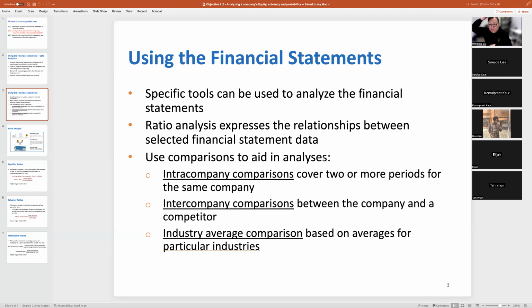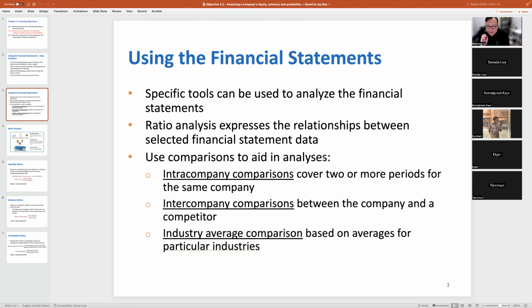A vertical analysis could be: how do expenses compare to sales dollars? What's the percentage of accounting fees to the sales revenue? Maybe you spend 2% or 3% of the sales revenue as a dollar amount for accounting fees. That is one way to analyze.